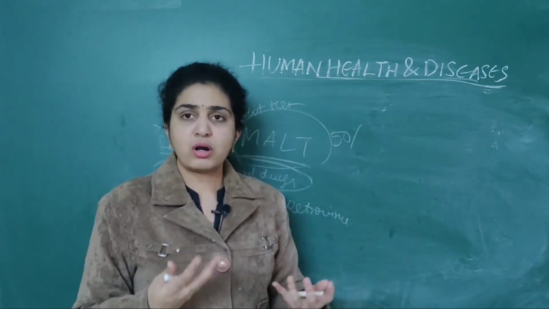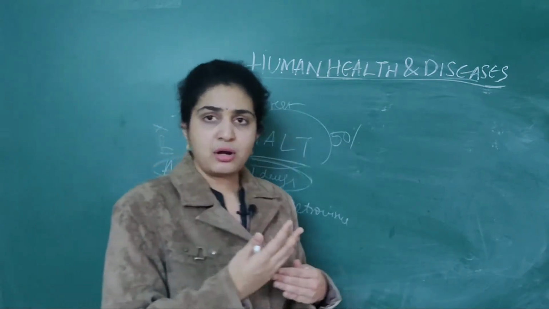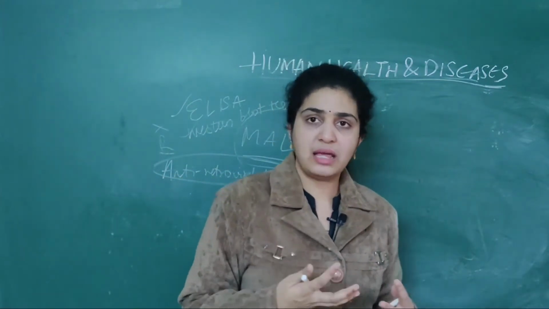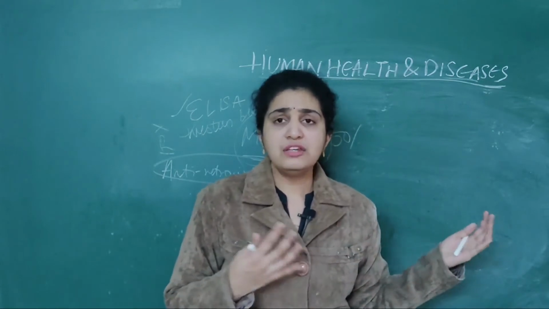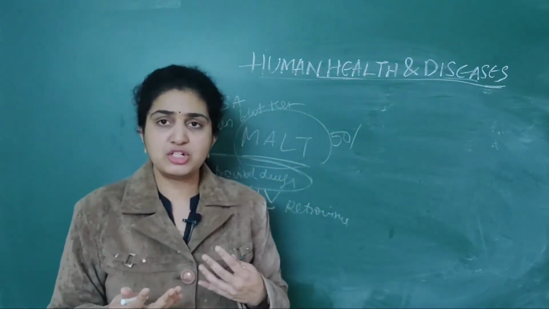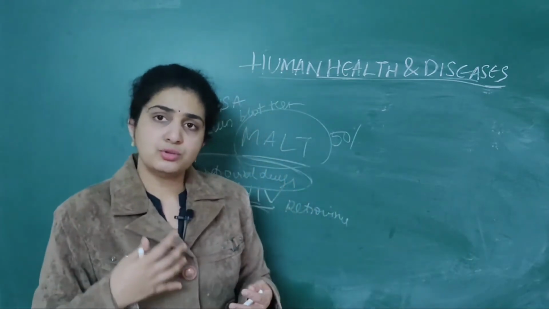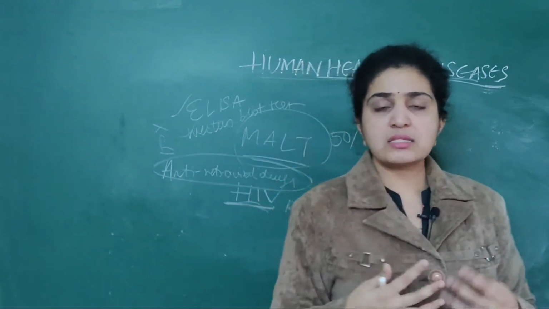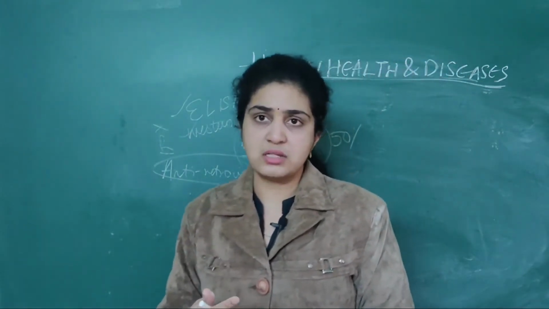So that's why the prevention measures: blood transfusion should be very safe, blood should be taken from healthy donors, and infected needles should not be shared among persons. From mother to fetus also, the mother should take some precautions to prevent the child from getting this disease.